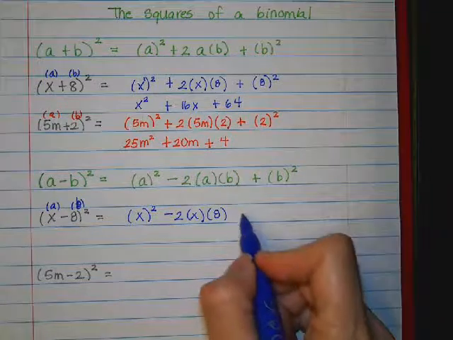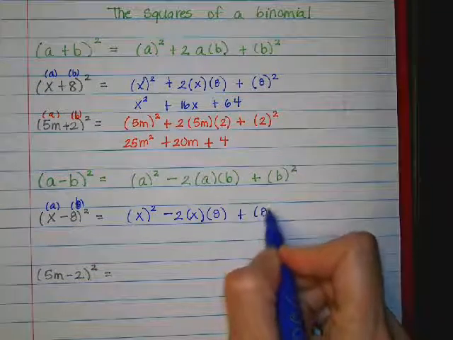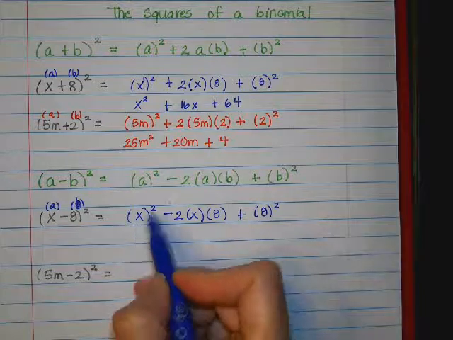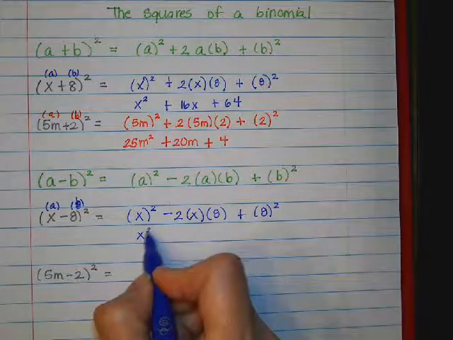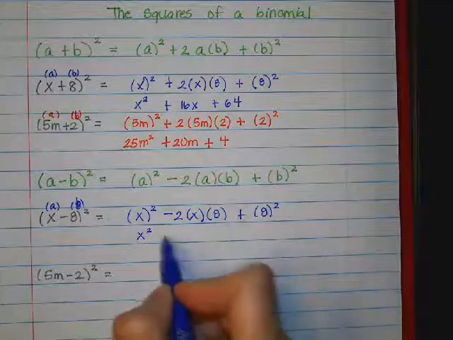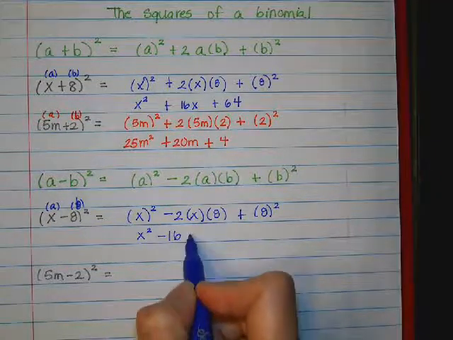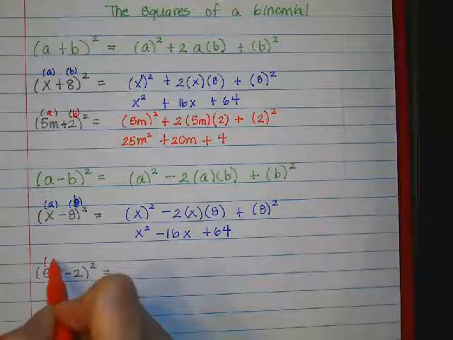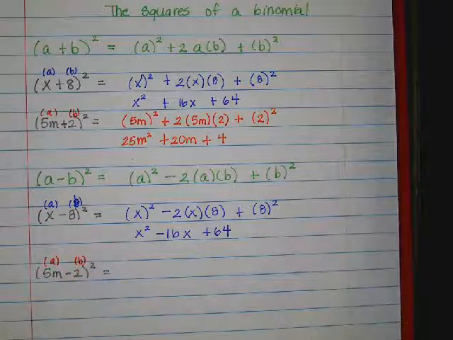And then plus our b value, which is 8, and then we'll square it. Then we simplify. X squared is x squared. Then negative 2 times 8 is negative 16, and then we have the variable x. Second term is your b value.